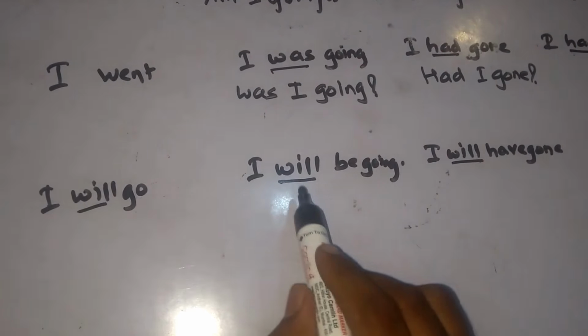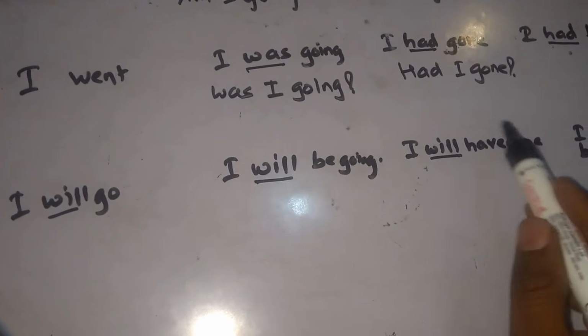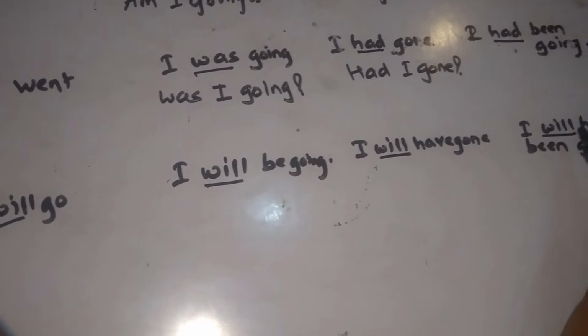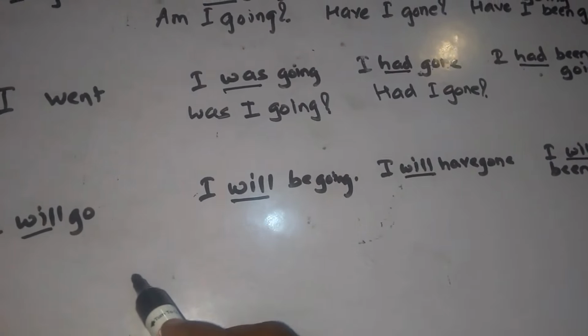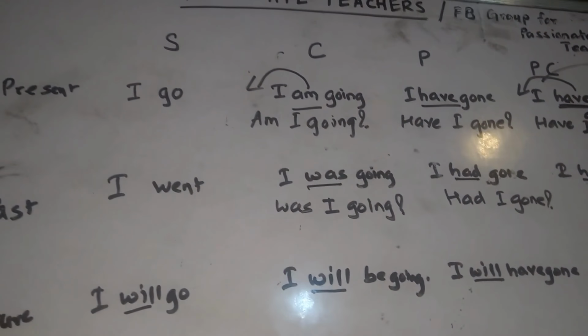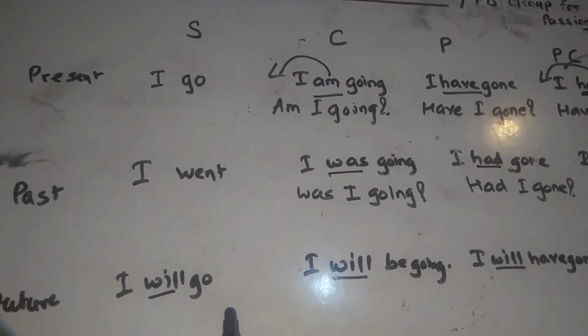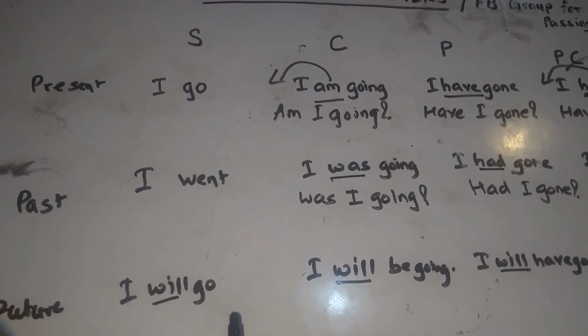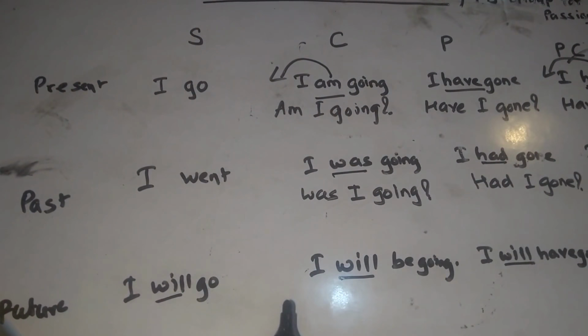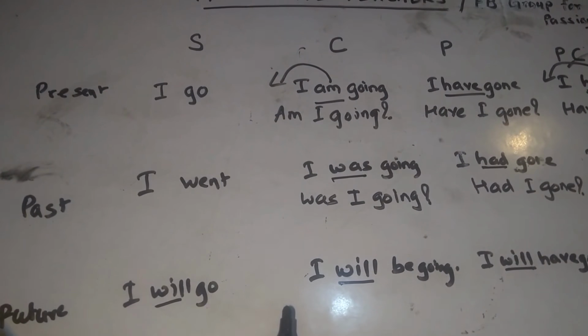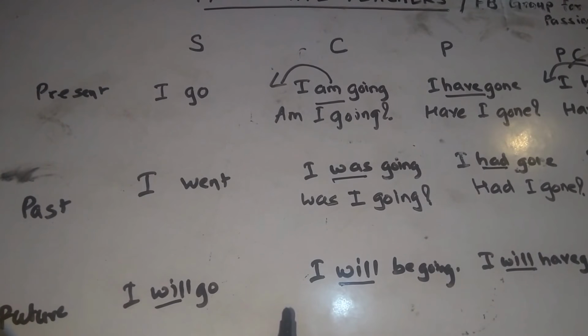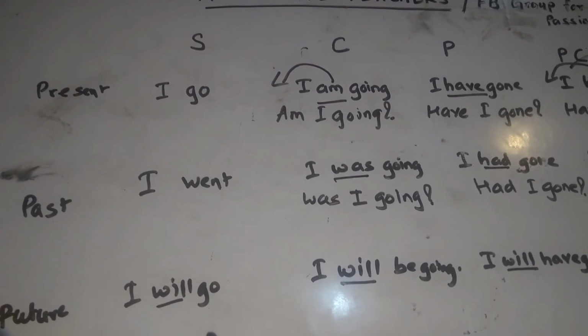Will I go? Will I be going? Will I have gone? Will I have been going? So this is the way in which we convert sentences into questions, by keeping the helping verb before the subject.